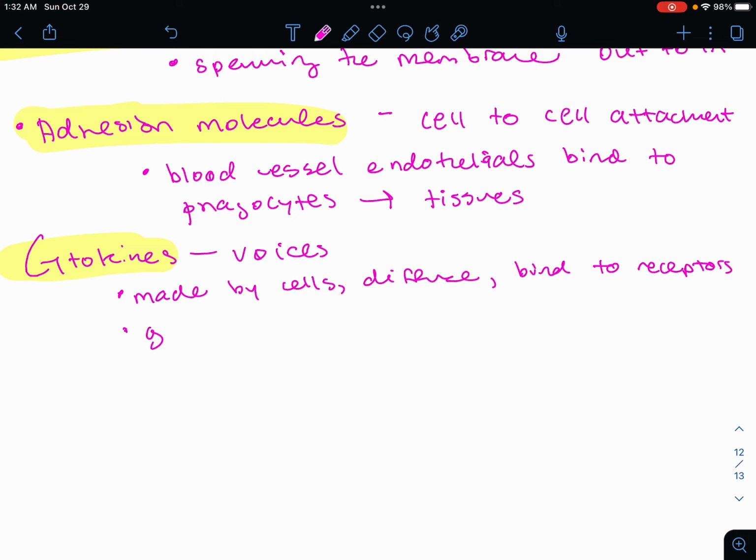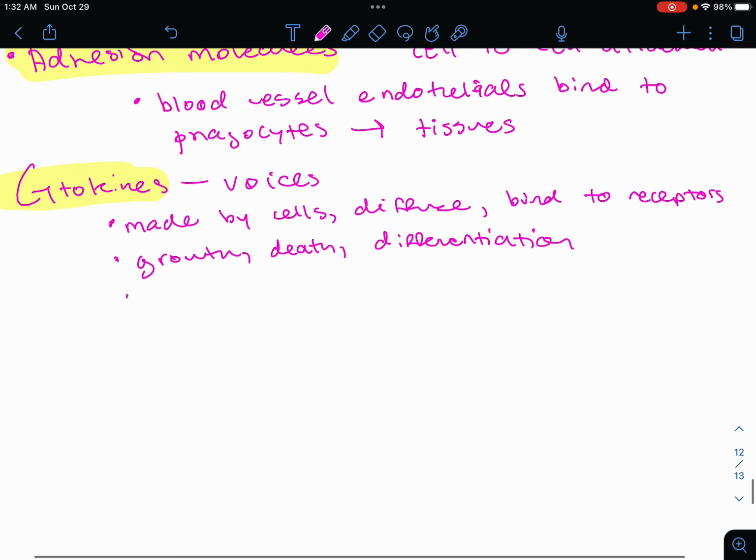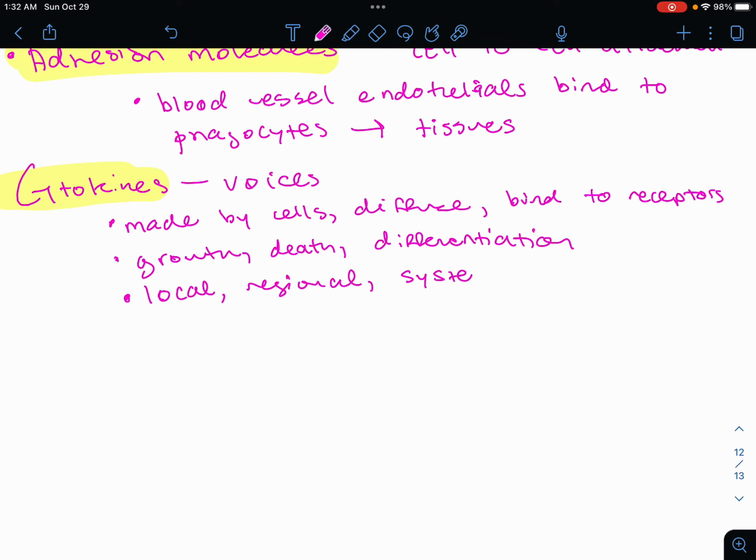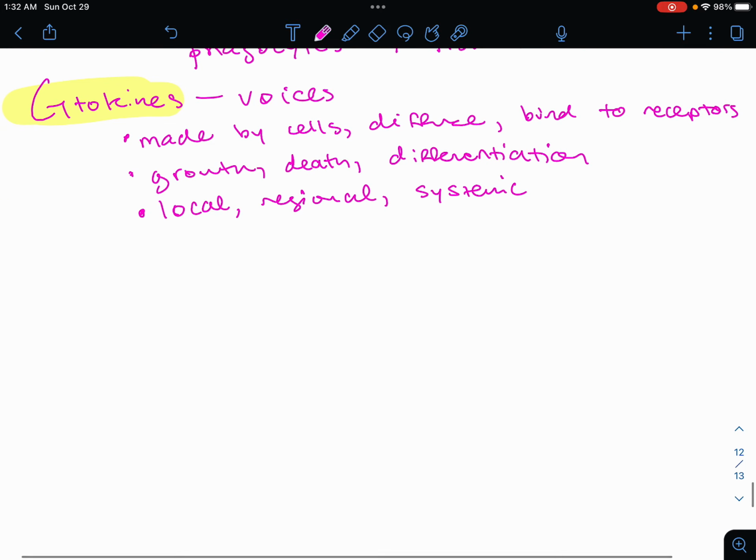They could cause growth, cell death, differentiation, and so much more. Movement as well. We could have local, regional, or systemic effects. A ton of types here, so let's go through them.